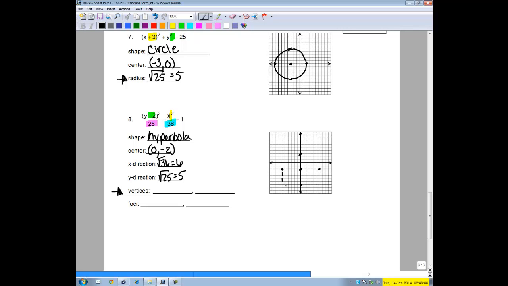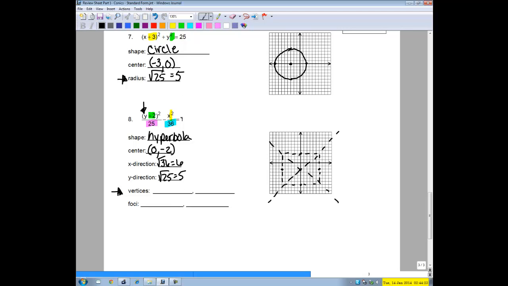And then make your box. Do your diagonals. You figure out your vertices by seeing what letter is first.